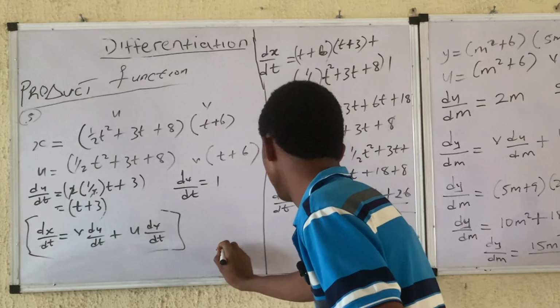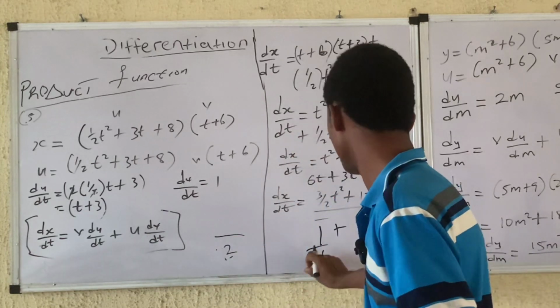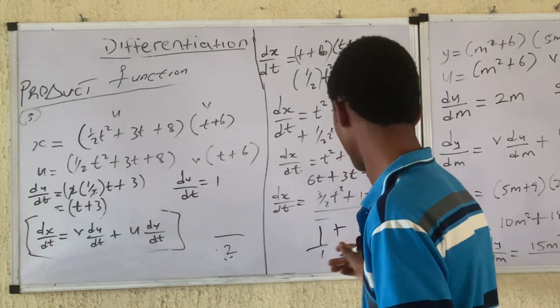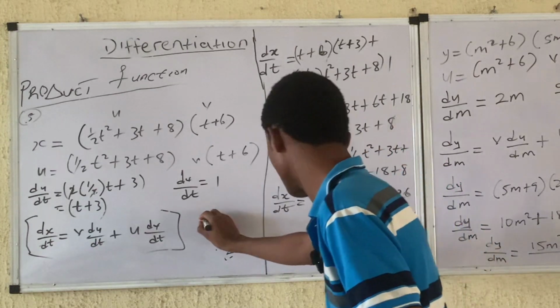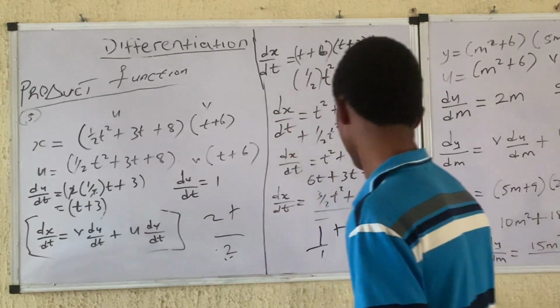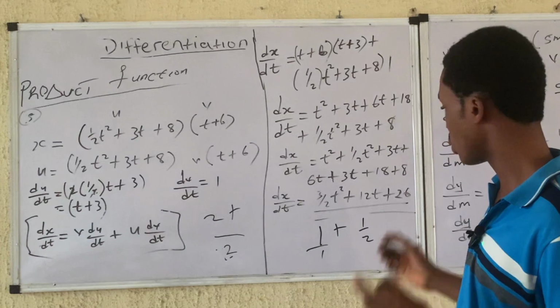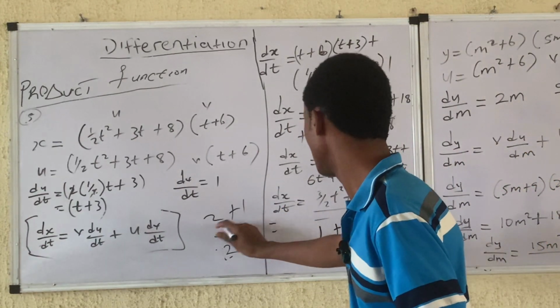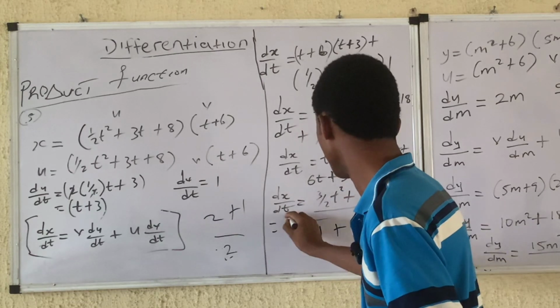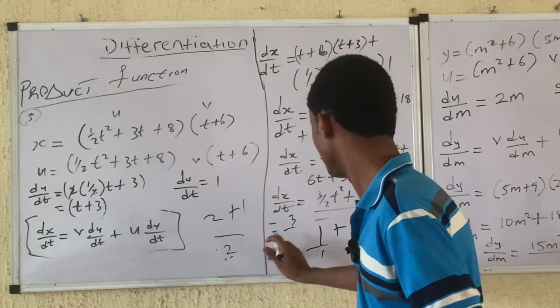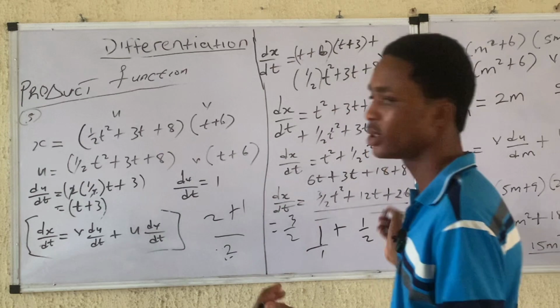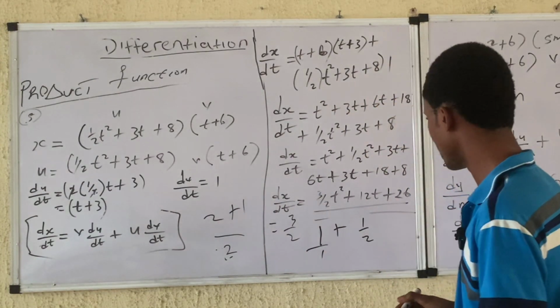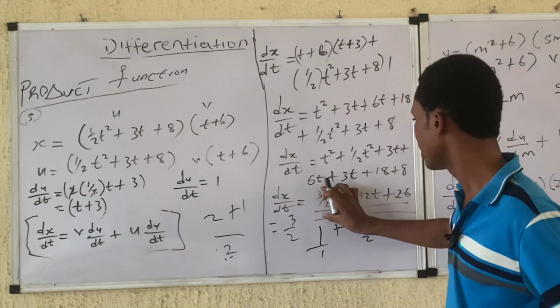So 2 into 1 gives you 2, 2 times 1 gives you 2, plus 2 into 2 gives you 1, so 1 times 1 will give you 1. 1 plus 2 plus 1 will give you 3 over 2. That's how we got our 3 over 2 here.